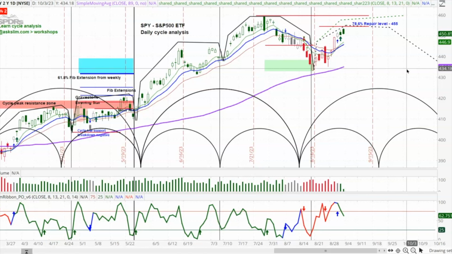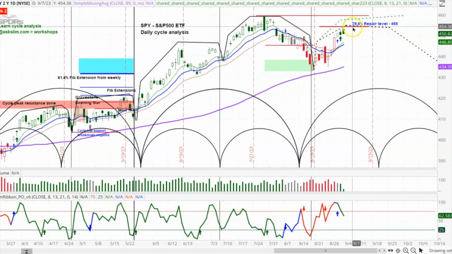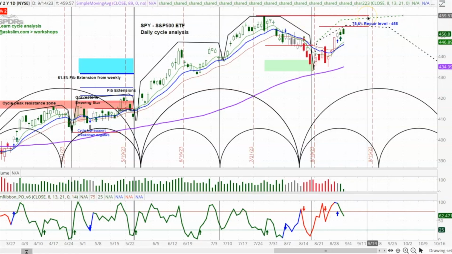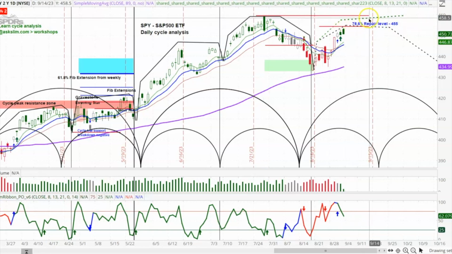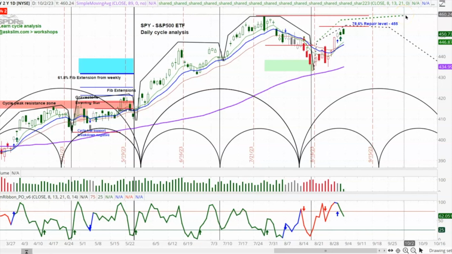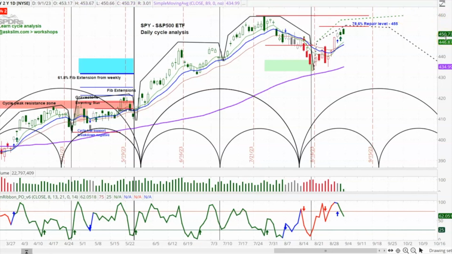And the other thing, of course, is that it could get through here and the market could be strong. Then the next level up over here would be around that 460 level where it reversed from right over there. We'd be looking for that level. So that would be a more positive track that it could take if it could get over the 455 level and hold over there.